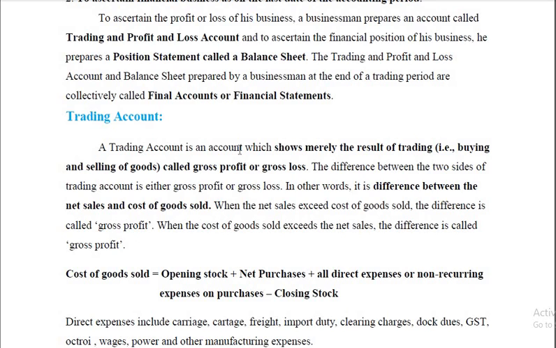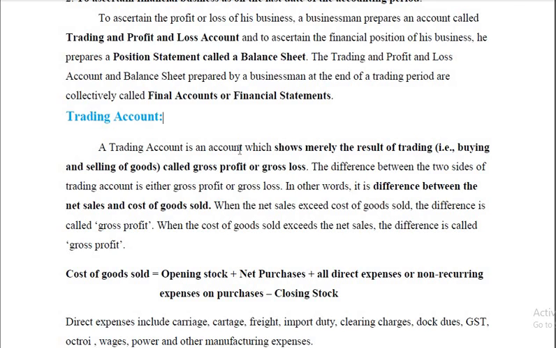The difference between the two sides of the trading account is either gross profit or gross loss. If the credit side is more than the debit side, there would be gross profit. On the other hand, if the debit side is more than the credit side, there would be gross loss.